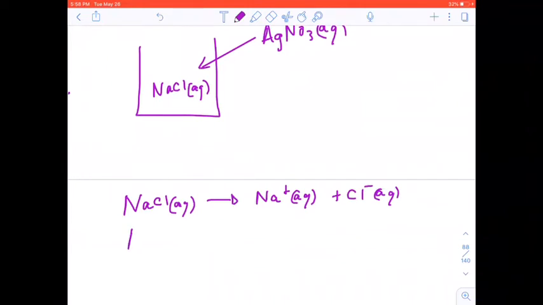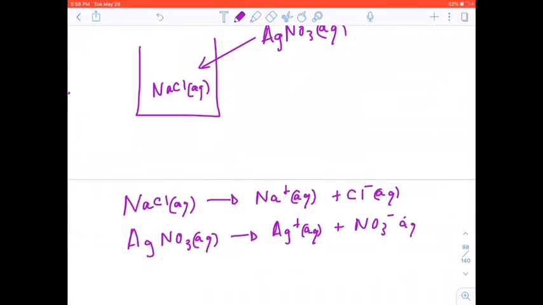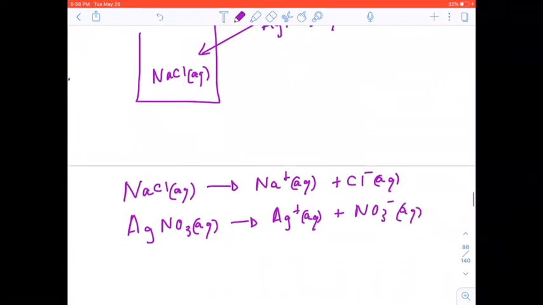To that we add AgNO3 aqueous, which gives us Ag+ ions plus NO3- ions, aqueous.